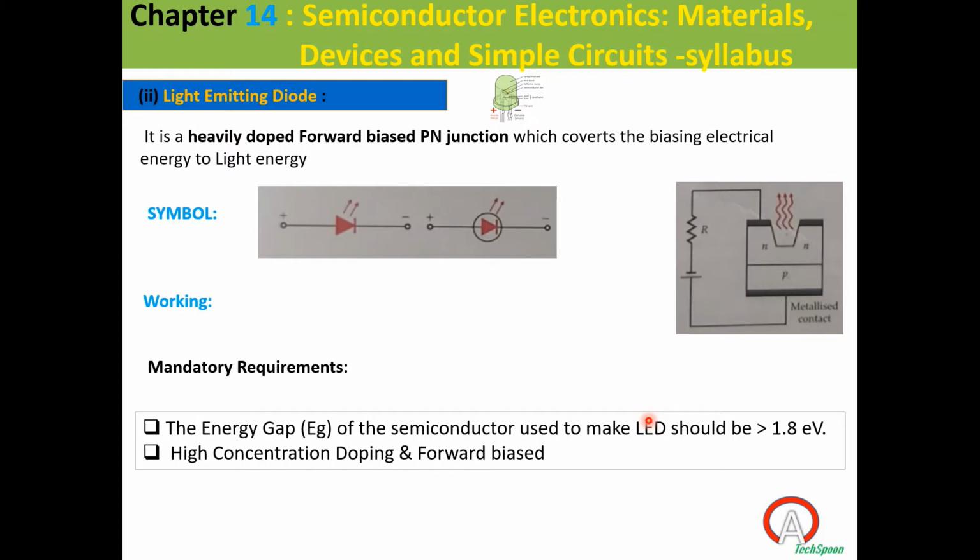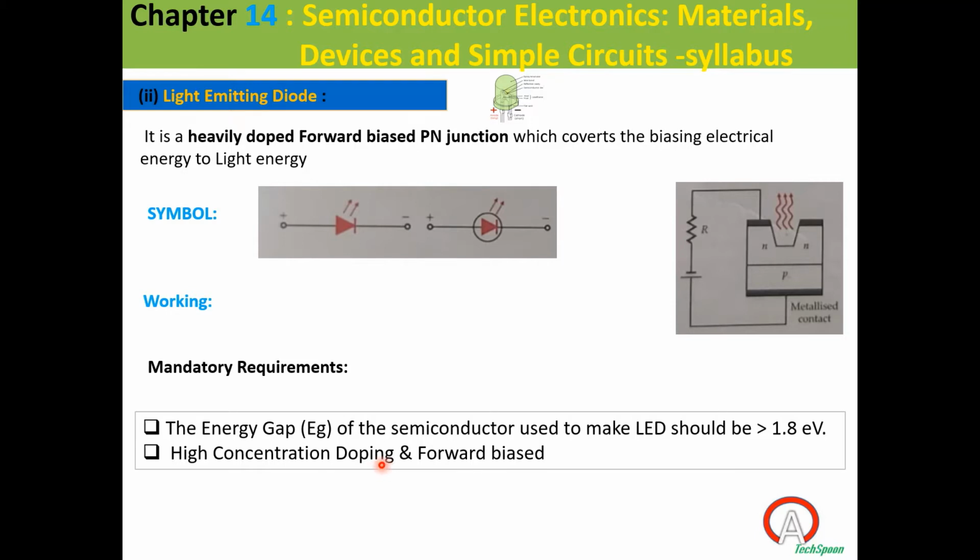So what will be the benefit? We will get more electrons in the N region and more holes in the P region. For that purpose we need to use high concentration doping.